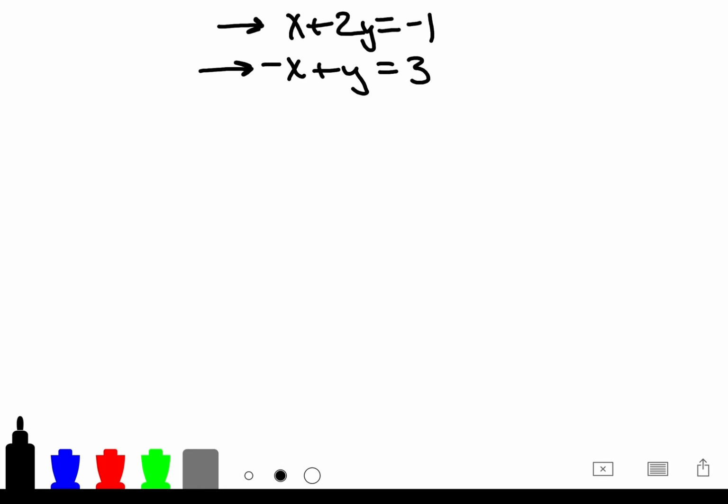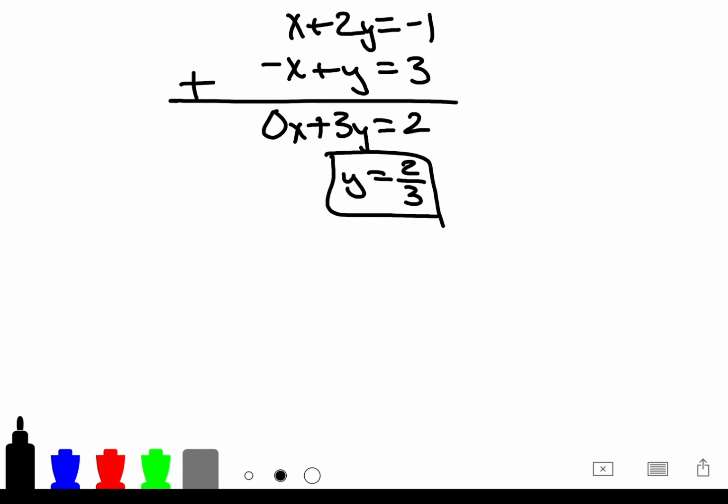So we add the two equations to get 0x plus 3y is equal to 3 plus negative 1, which is 2. From that, divide both sides by 3 to get that y is equal to 2 over 3. That's so easy.